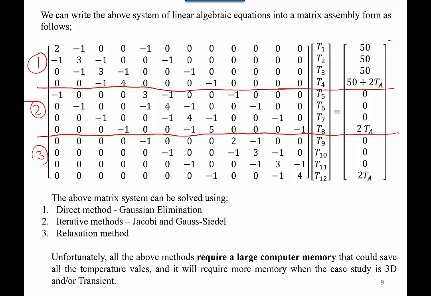And here, since we have T5, T6, T7, T8, we have to keep these second 4 elements. This one we will keep, and the other numbers we will transfer to the right-hand side, where each one takes its temperature variable.